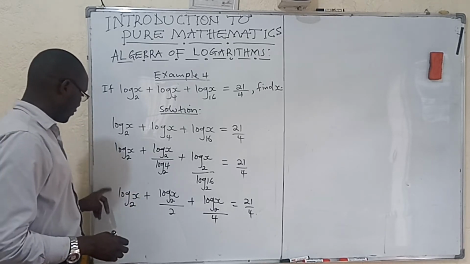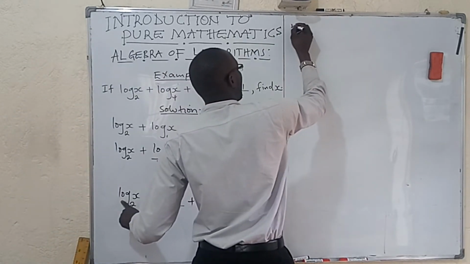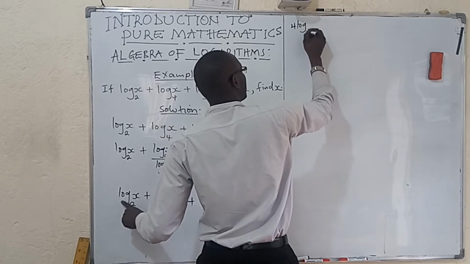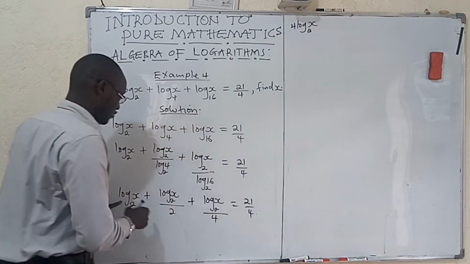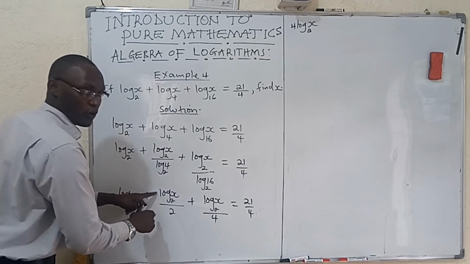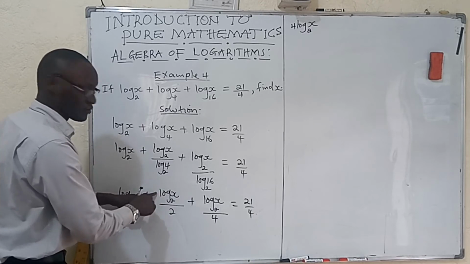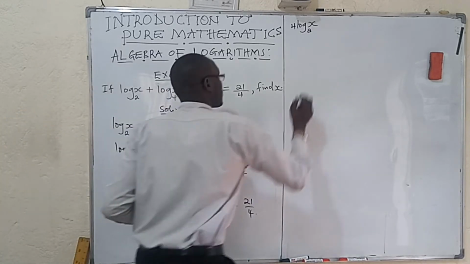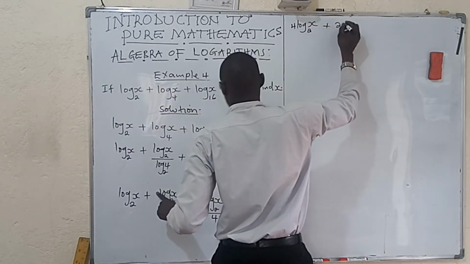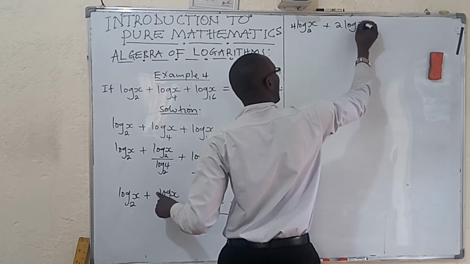So if we multiply through by 4, we shall now have 4 log base 2 of x. We are multiplying through by 4 on both sides. So times 4, the 2 reduces the 4 to a 2, so plus 2 log base 2 of x.